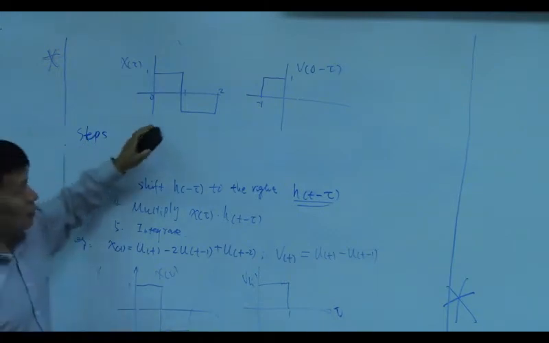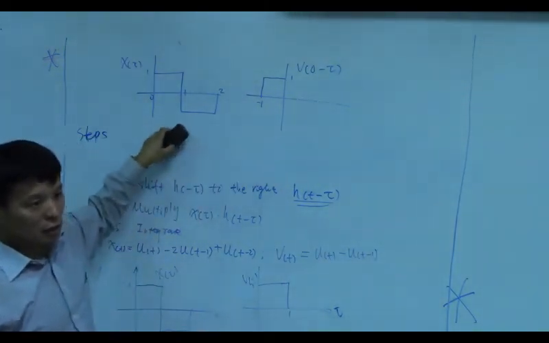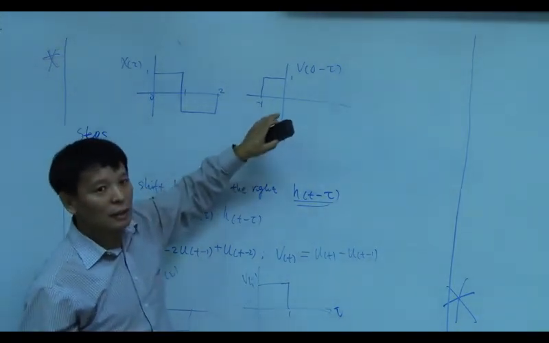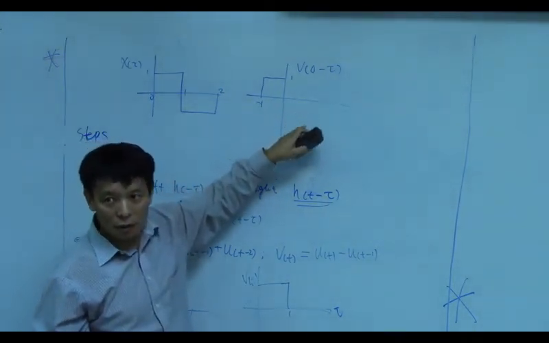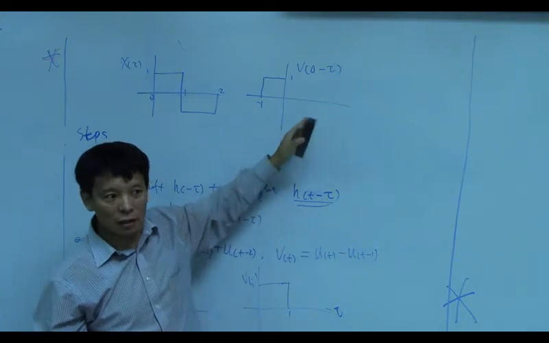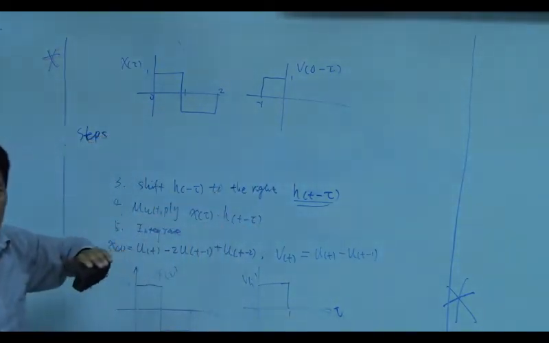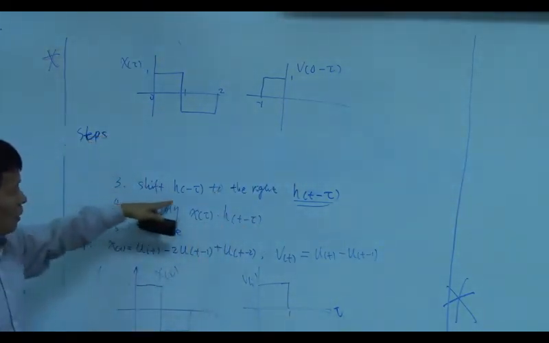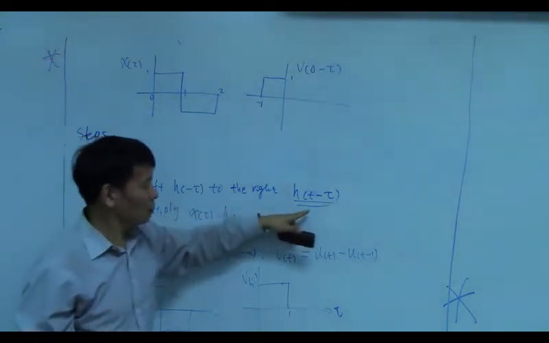Now we have x(tau) and v(t minus tau), but in this case only t equal to 0. The next one is we need to shift to the right by t time.